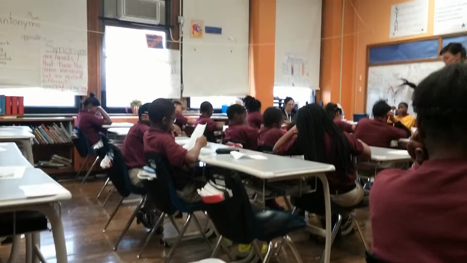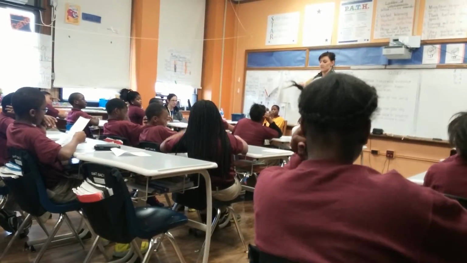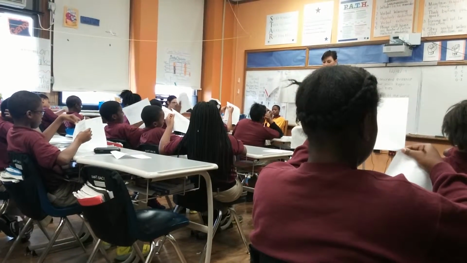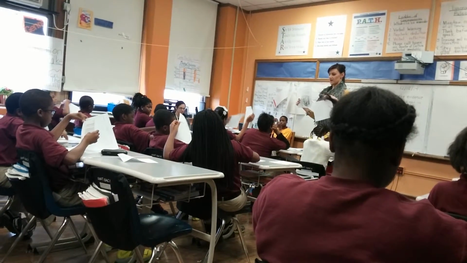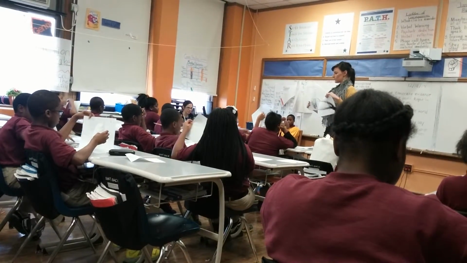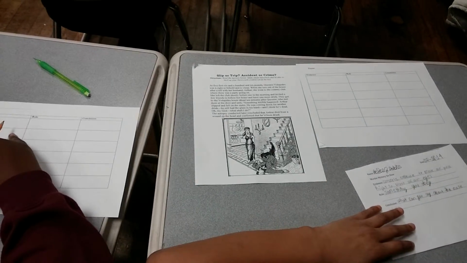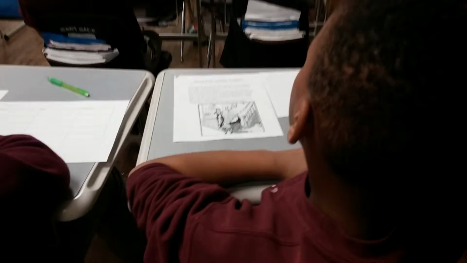Can you do me a favor and just take the staple and go like this so we can look at the picture and then look at the chart? Look at the picture and then we're going to look at the chart. So, who has neat handwriting that would want to work on this? We'll take turns.